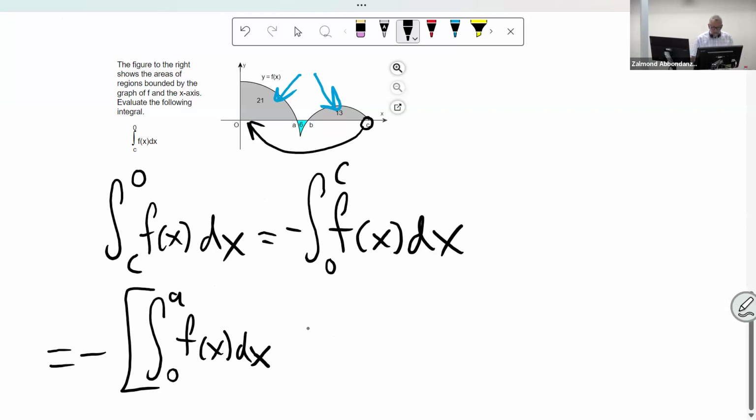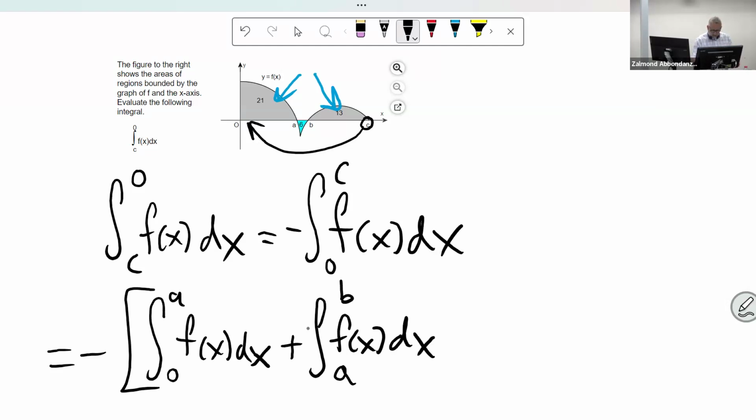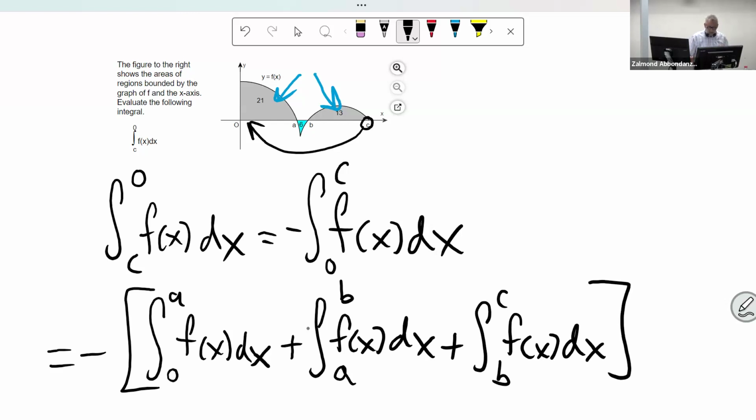And then because it's going to be beneath there, the area there, let me just write it like this, plus A to B of f of x dx, and then plus B to C. Okay. And I'm putting those brackets because I want to remind myself that this is all negative because I went backwards here.